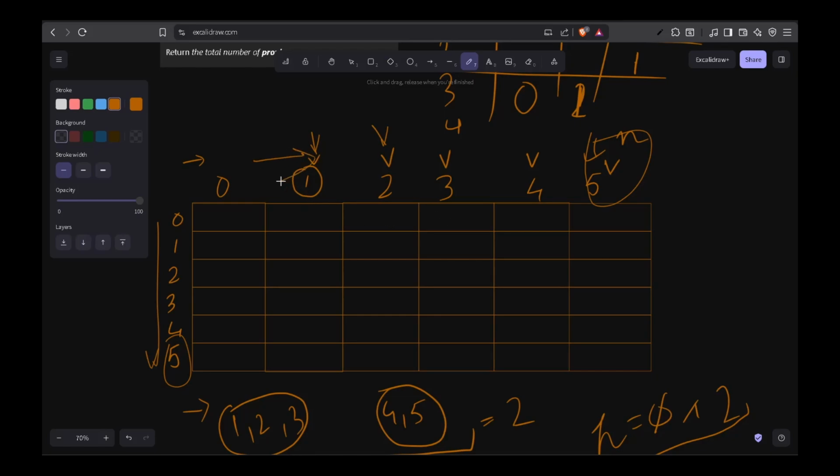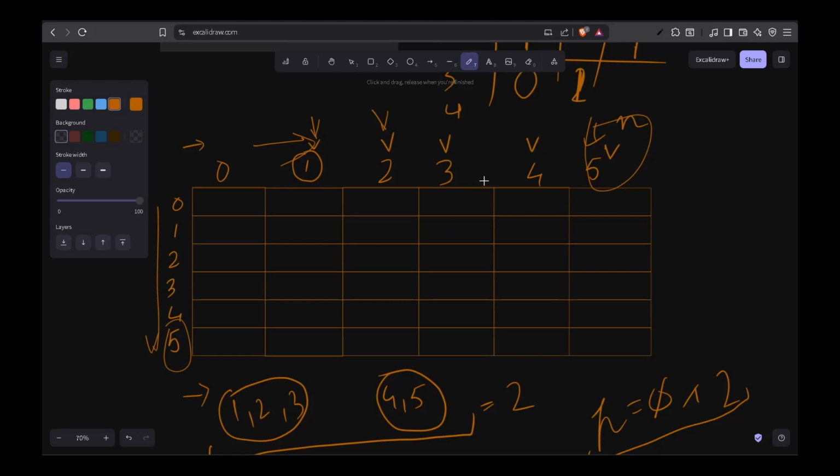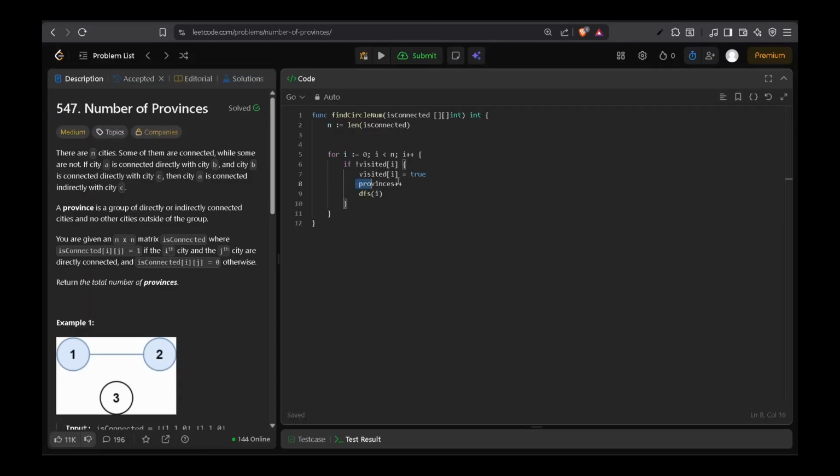Since we hit the first one here, we increase provinces, and when we hit 4, it was not visited, and we increased the provinces again, right? So whenever we hit a not visited city, we increase the provinces, right?